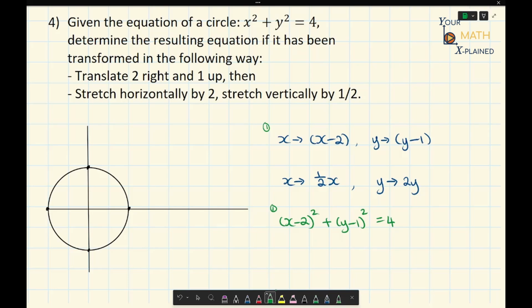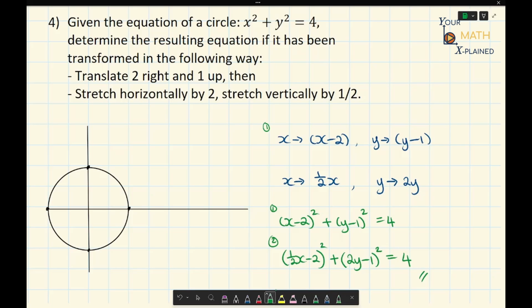Our next replacement is to replace x with 1/2 x, which means we're going to get (1/2 x minus 2) squared plus, and then y is going to get replaced by 2y, so that'll be (2y minus 1) squared is equal to 4. So this is what the resulting equation is going to be.